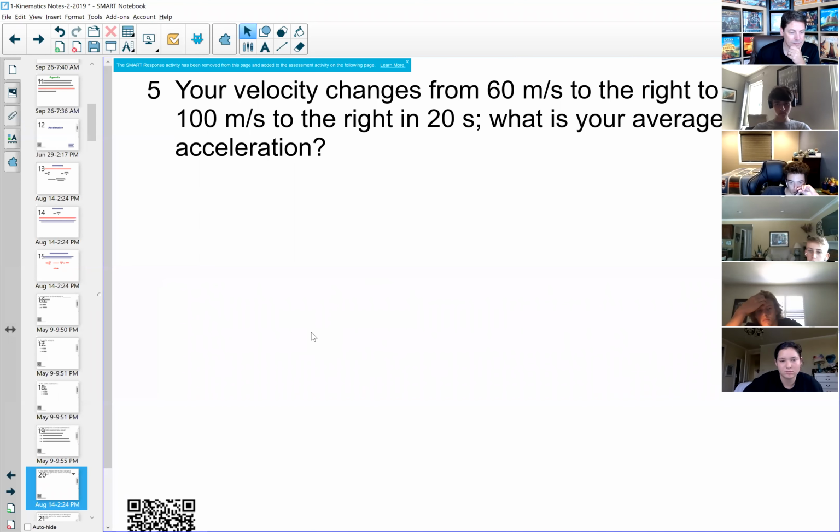All right, seeing a little more variety on this one, but mostly 2 meters per second or 2 meters per second squared.